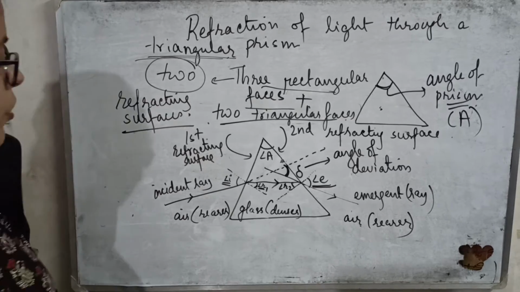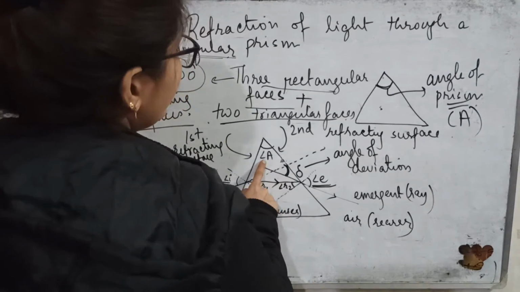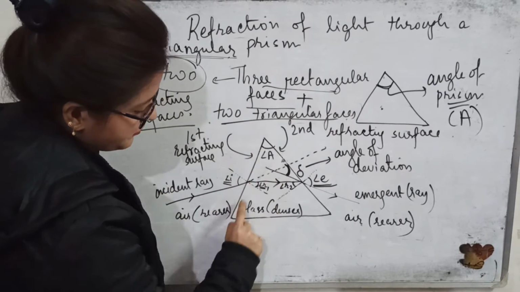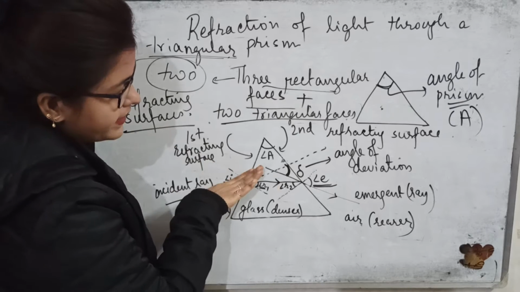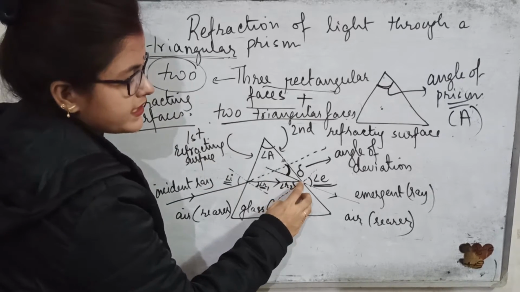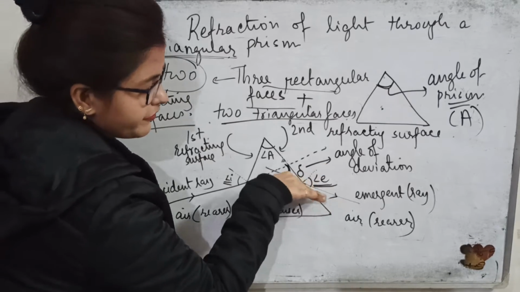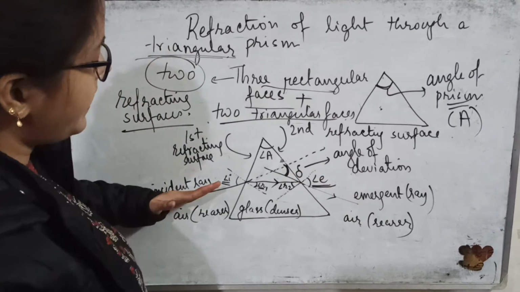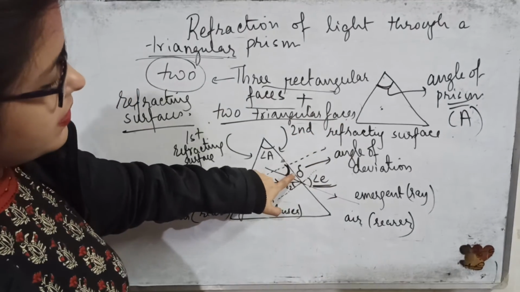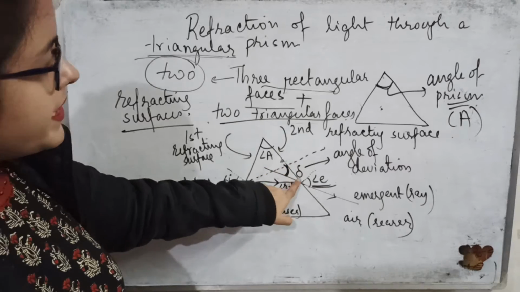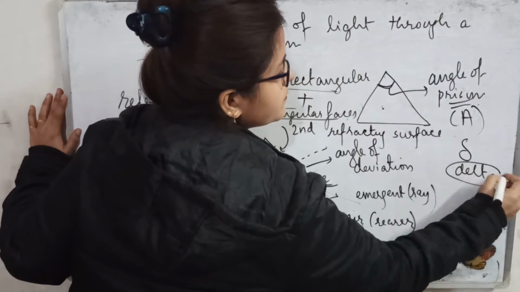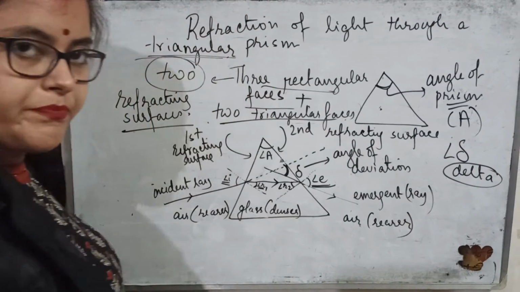Okay, so this is the angle of the prism. When the incident light ray strikes the first refracting surface, it bends towards the normal, and again when it strikes the second refracting surface, it bends away from the normal, and the light ray which would have followed this path got deviated at an angle, which is the angle of deviation denoted by this sign, called delta. Okay.